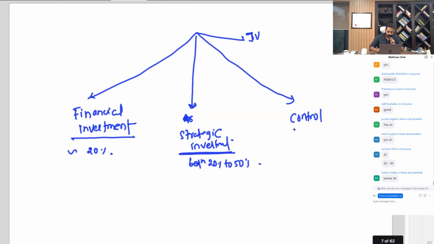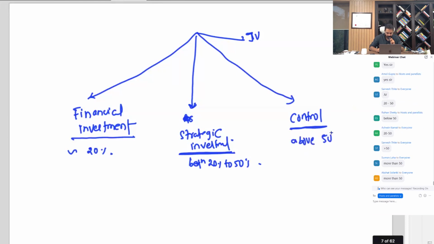And if you're looking at a subsidiary, then your investment range is above 50%. These are broadly the three buckets that I have, and then obviously we also have a joint venture.